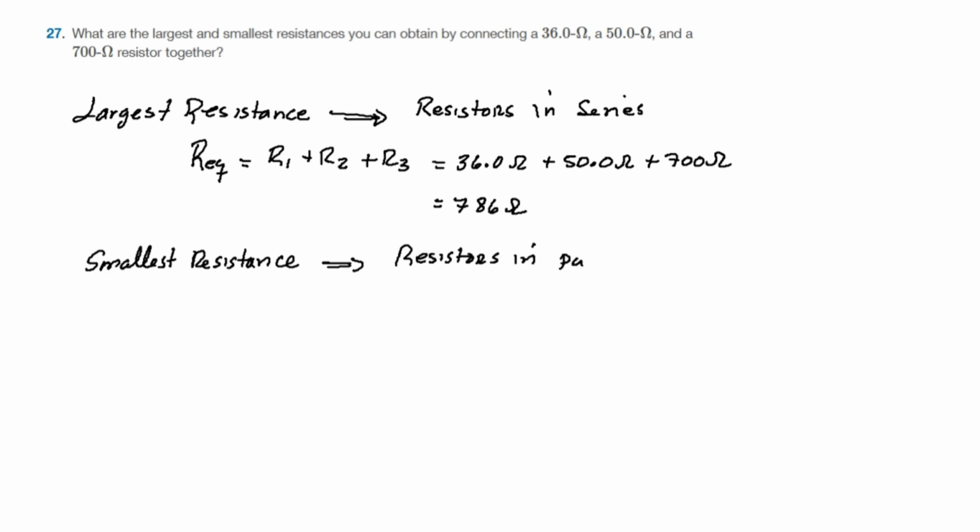Where 1 over the equivalent resistance would be 1 over R1 plus 1 over R2 plus 1 over R3. There is one way to rewrite this equation. Let me show you quickly this.